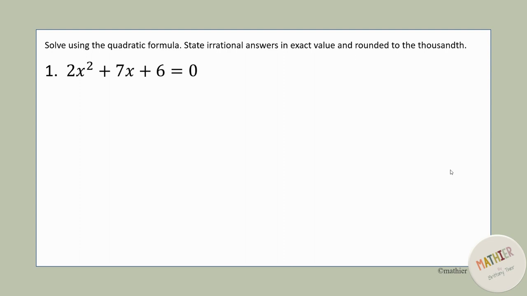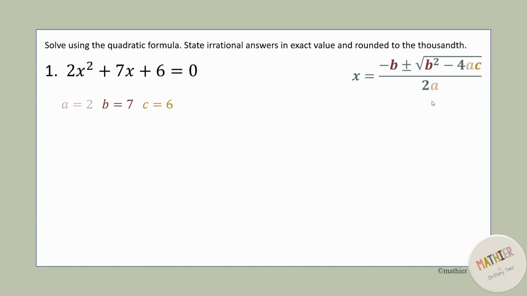All right, so let's take a look at example 1. We've got a quadratic equation that is already equal to 0, so it's already in standard form. So a is 2, b is 7, c is 6. Our formula over here for reference: opposite of b plus or minus the square root of b squared minus 4ac all over 2a.